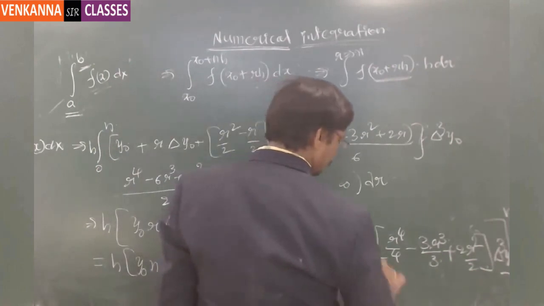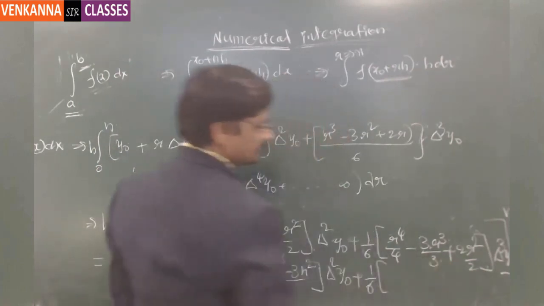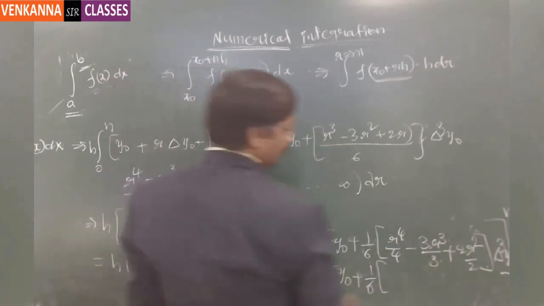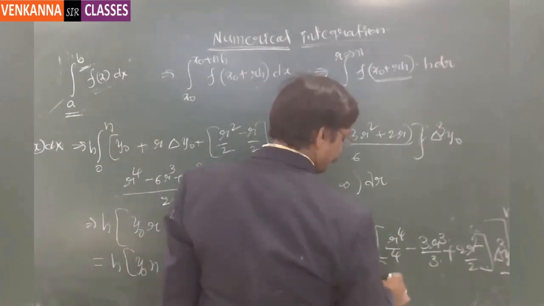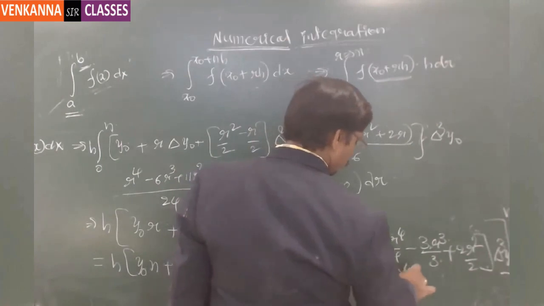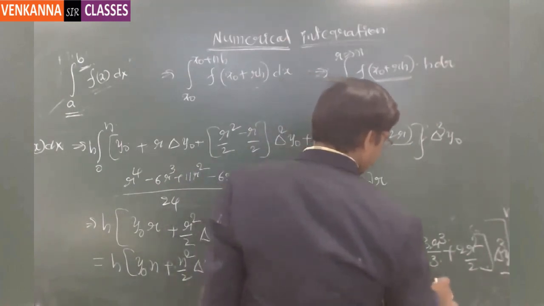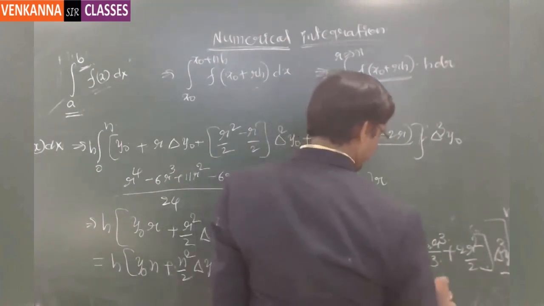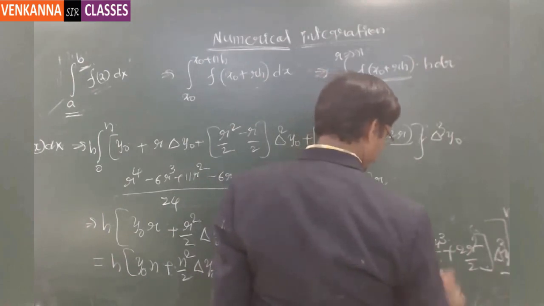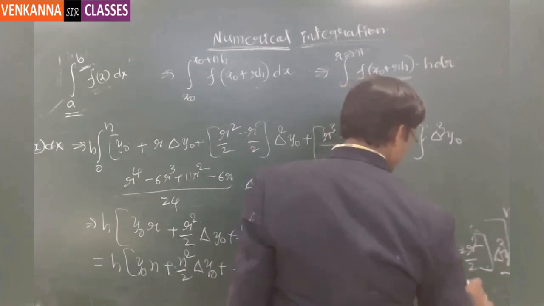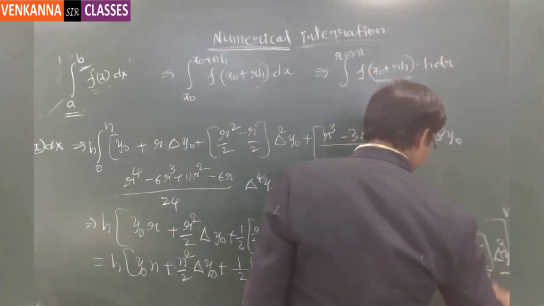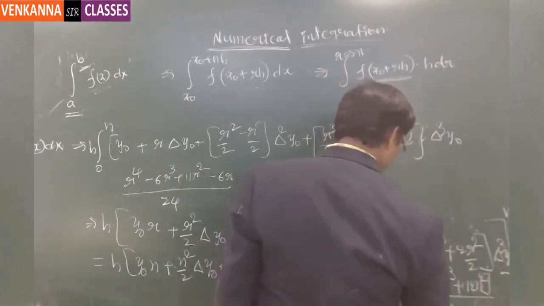One by 6 times of, the LCM is 12. So this is 3n power 4 minus 12n cube plus 12n square whole divided by 12.